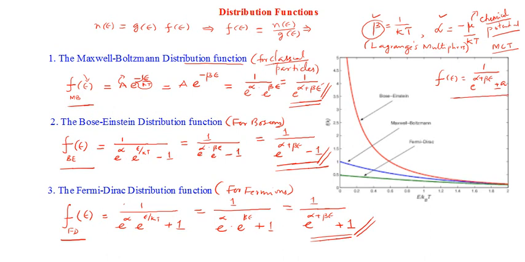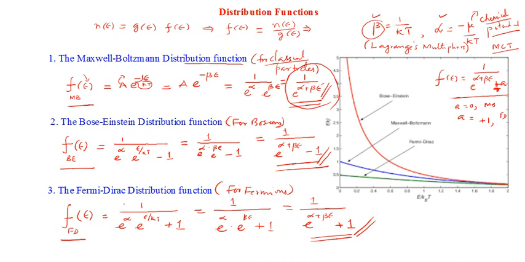I suggest this is the way in which you can remember. When a is equal to 0, you get this expression, it gives you Maxwell-Boltzmann. When a is equal to plus 1, you get the Fermi-Dirac.